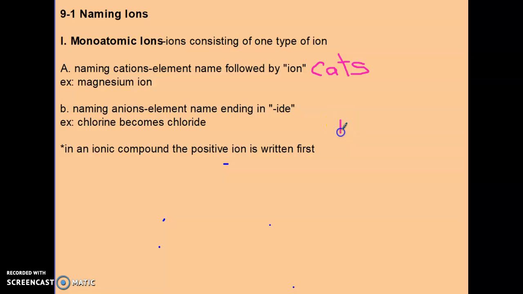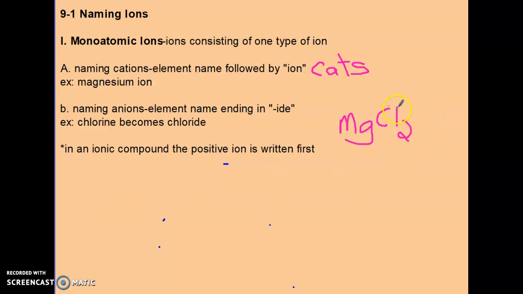So if I have this compound, Mg, which is a +2, chlorine is a -1, so MgCl2, what would the name of this be? You can consult the ion sheet that I gave you, and it's literally the first ion is just the name of the element. So magnesium. The second ion, this is the element chlorine, but as an ion, it's called chloride.